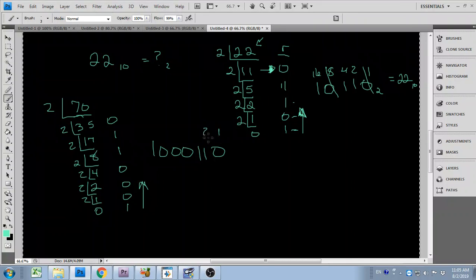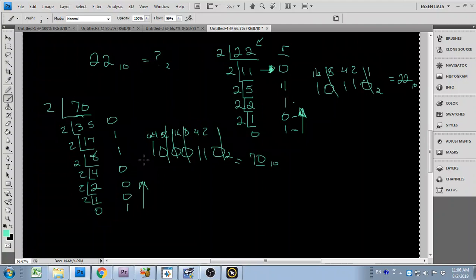So let's start. 1, 2, 4, 8, 16, 32, and 64. So we cross out, cross out, cross out, cross out, and that is equal to 64 and 4, 68, and 2, by my math, is 70, base 10. So since we got what we started with, we know that we have the right answer.